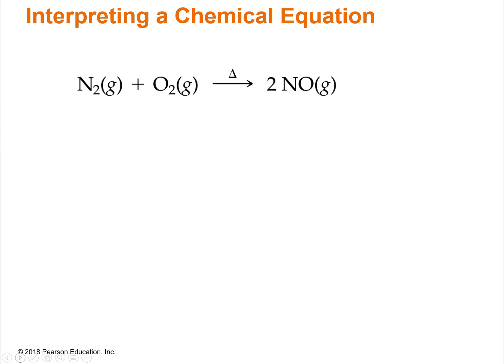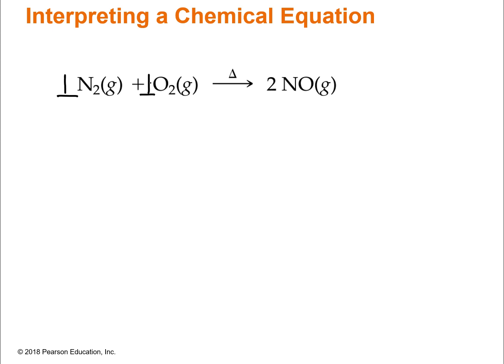We've got two gases here, nitrogen gas and oxygen gas. You combine them, you heat them, and you make nitrogen monoxide. The numbers in front of each of these compounds tells you the ratio. When you don't see a number, you just say that it's 1.